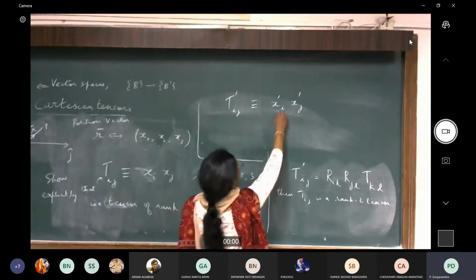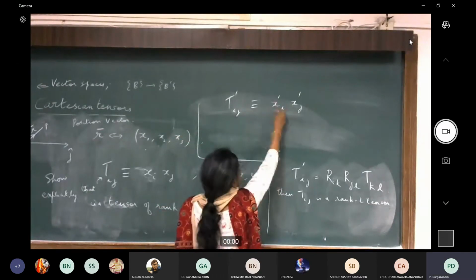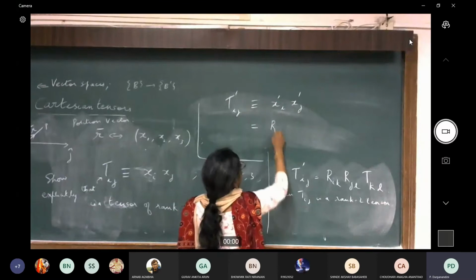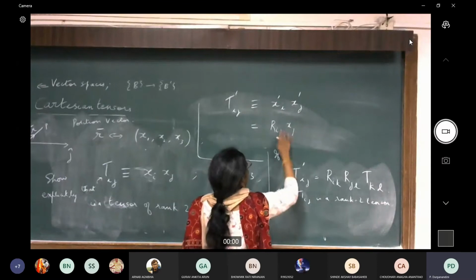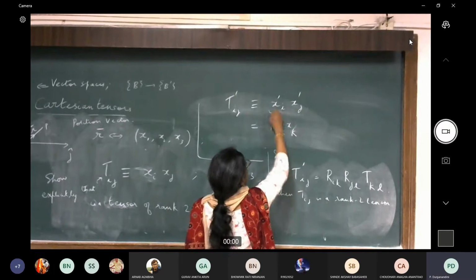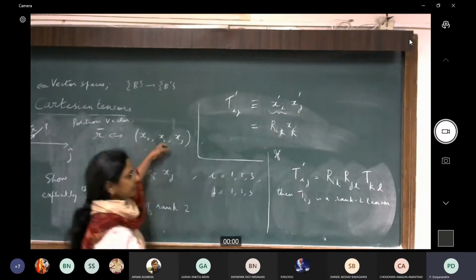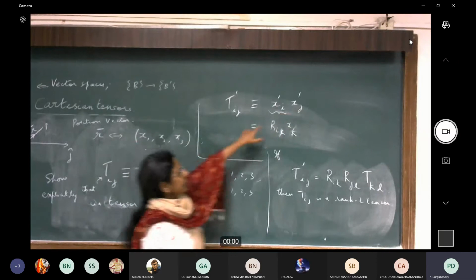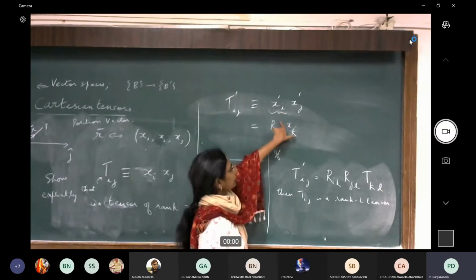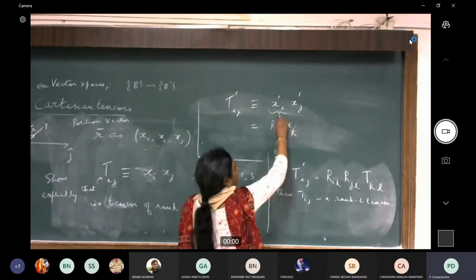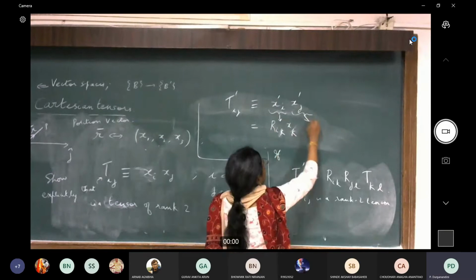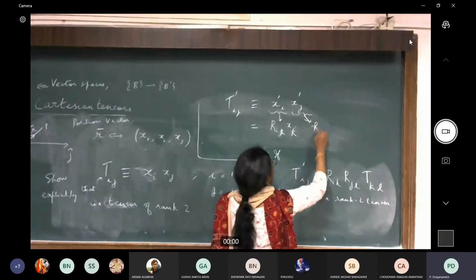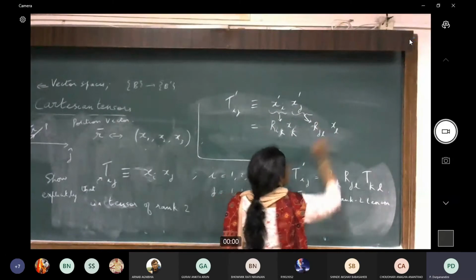But then I know that this is a vector. So x prime i should be equal to Rij, and I can't use j here, so I will use Rik xk, because this is a tensor of rank 1. So xi prime is related to xk in this fashion. Similarly, this can be written as Rjl xl.